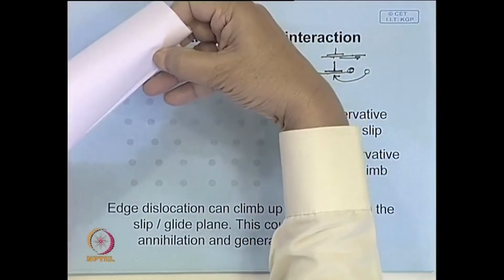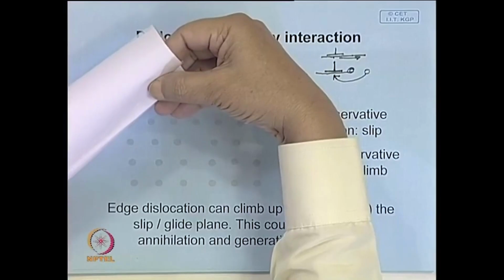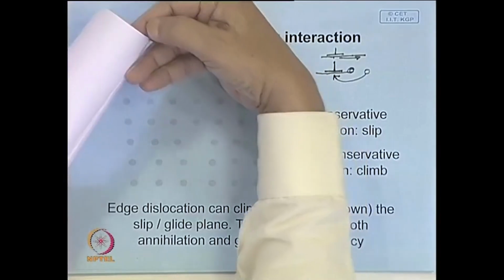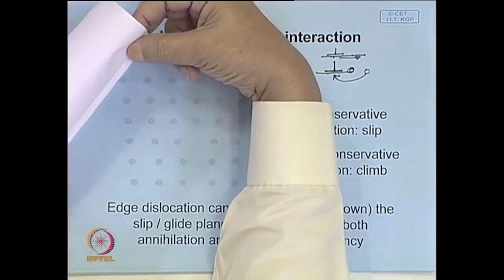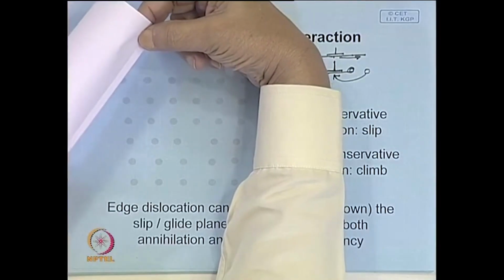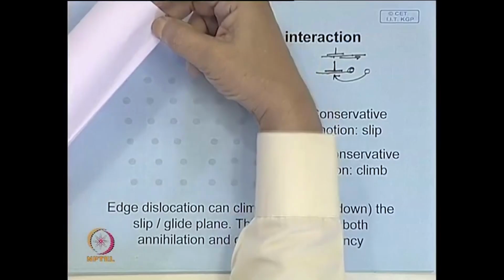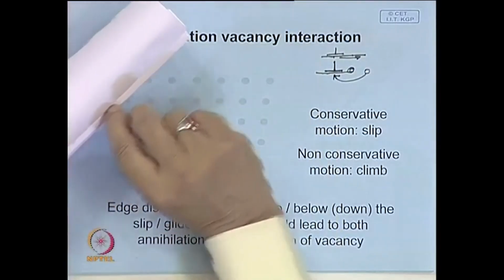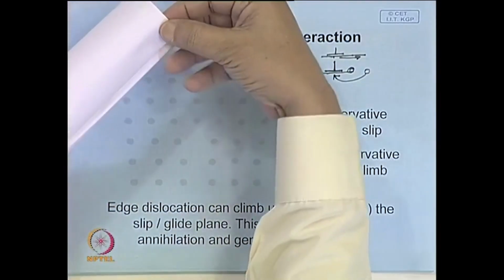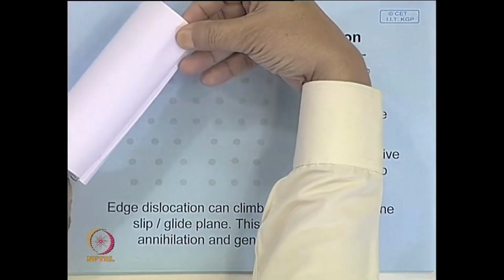So, I will try and fix this here. What happens in this case, and you join these two faces, you are creating a step over here. So, you can say that this simulates an edge dislocation.